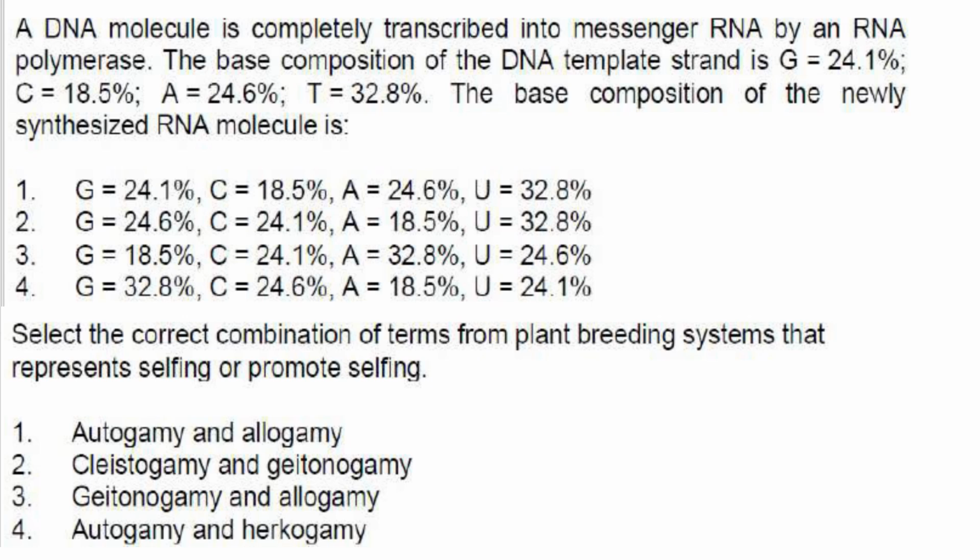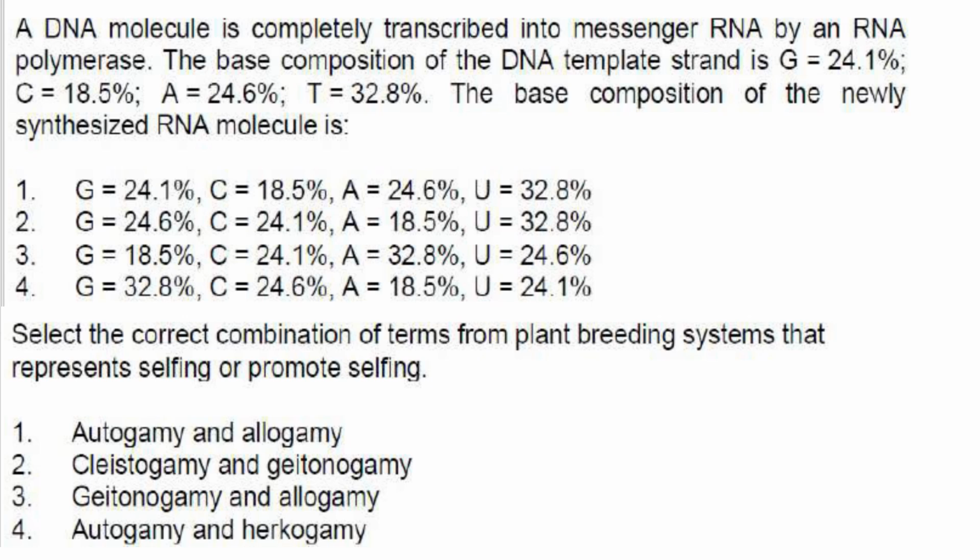Now G here in the DNA template, it is complementary to C. So RNA will have C there wherever G comes. So what is the base composition of G in DNA template? It is 24.1%. So what will be the base composition of C in the RNA template? It will be 24.1.